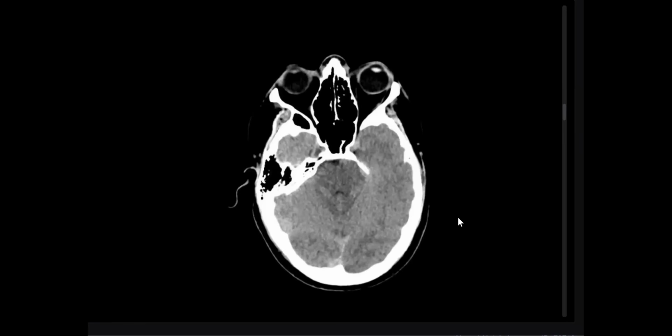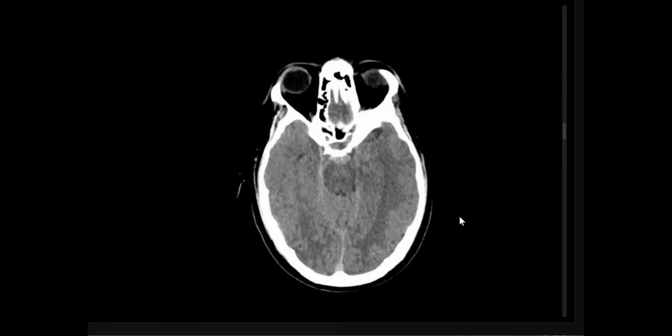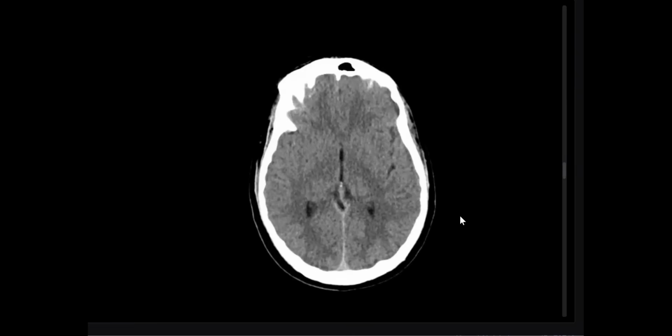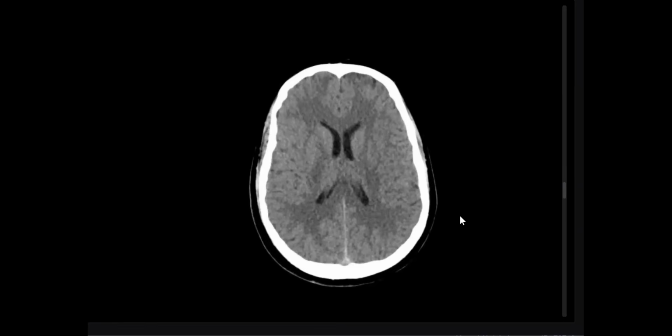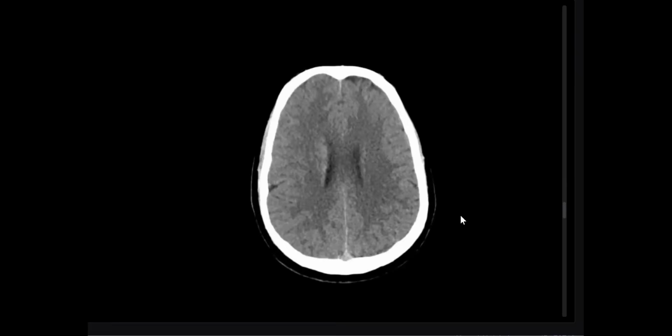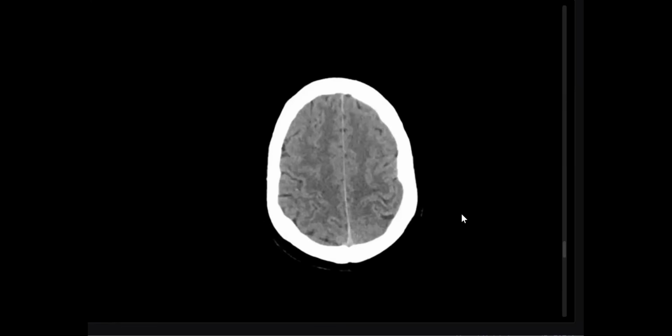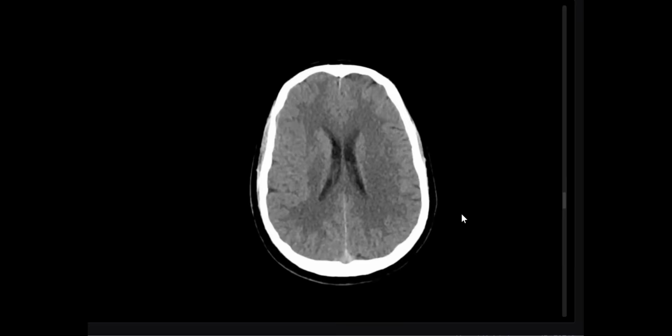So these are axial CT slices, non-contrast, and I can see that the gray-white matter is preserved, with normal appearances of the sulci and gyri.